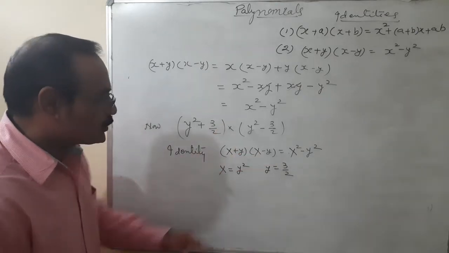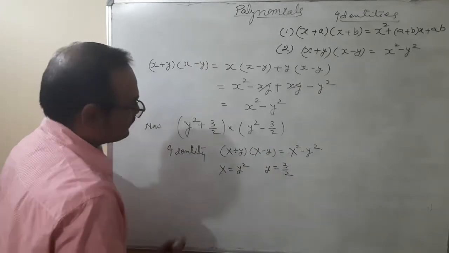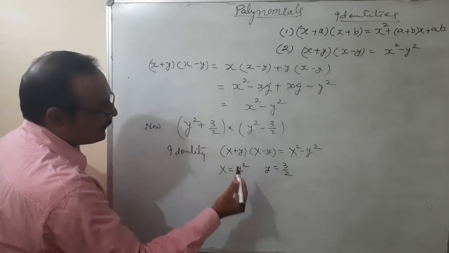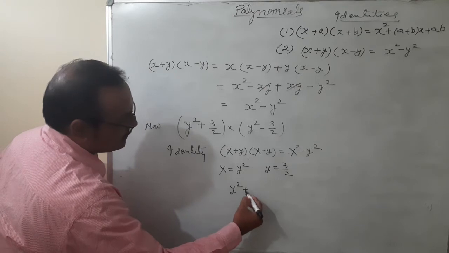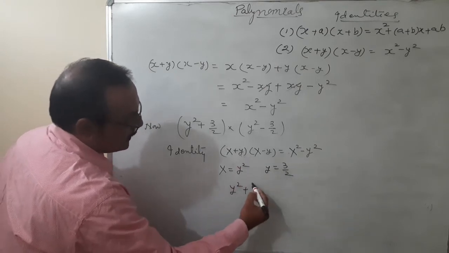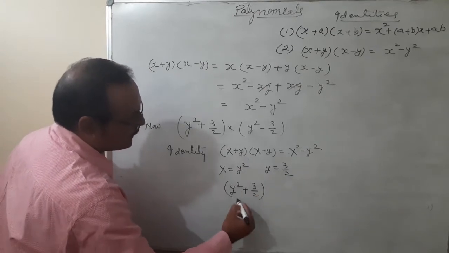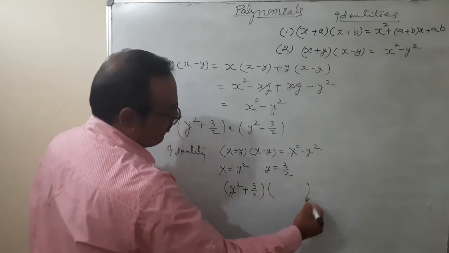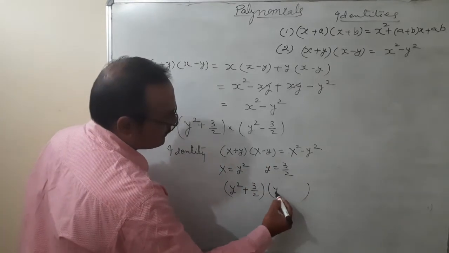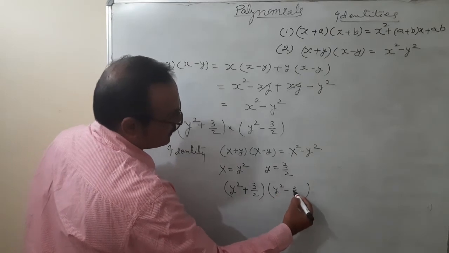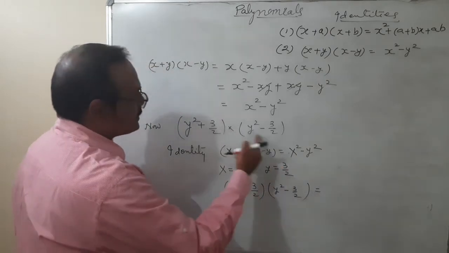These two values will be substituted here. In place of x, y square plus 3 by 2, bracket close. Second bracket, capital X, again y square minus 3 by 2.